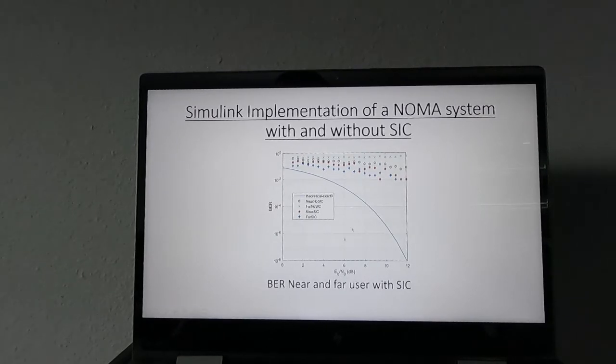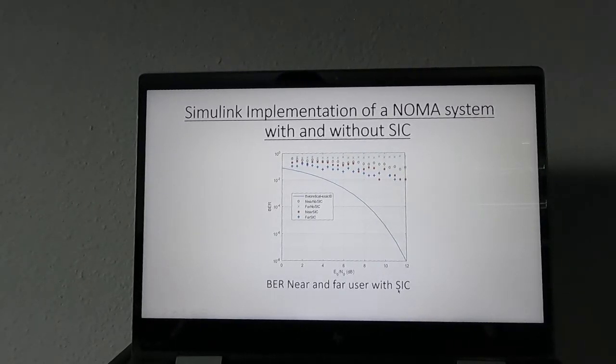Here's another graph of near and far user with SIC, but we superimpose it on the previous graph. Here's a new user with SIC. The bitrate has improved much better than the far user without SIC.